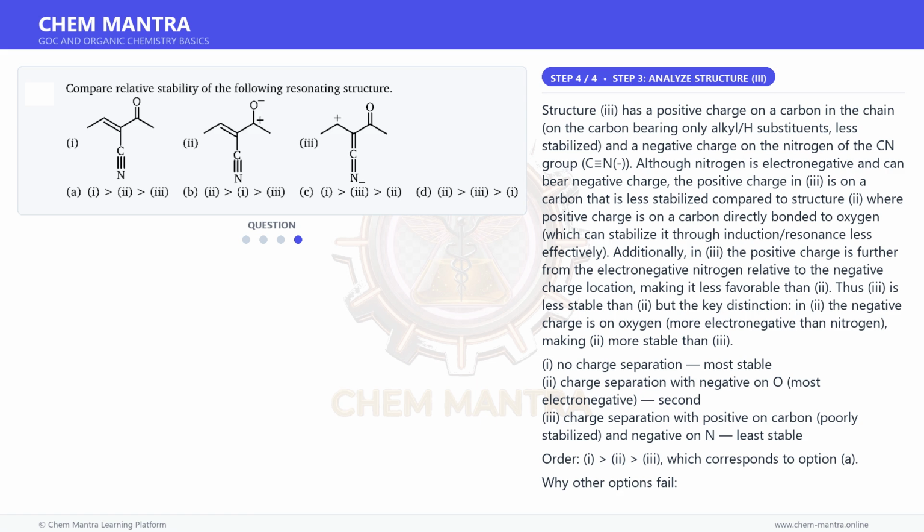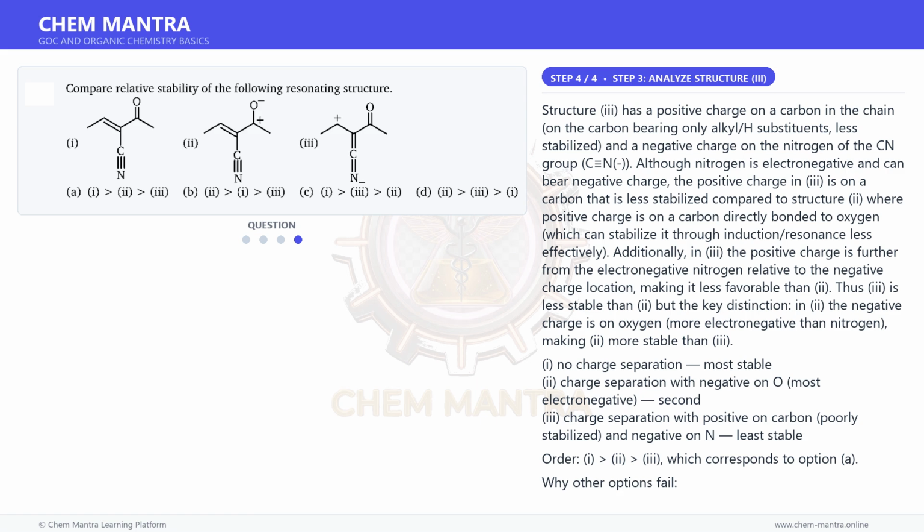Additionally, in 3, the positive charge is further from the electronegative nitrogen relative to the negative charge location, making it less favorable than 2. Thus, 3 is less stable than 2, but the key distinction, in 2, the negative charge is on oxygen, more electronegative than nitrogen, making 2 more stable than 3.